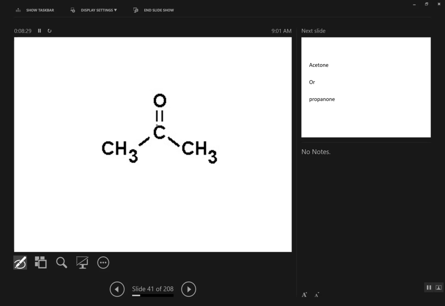It also has 2 names. No. Just name it as a 3-carbon aldehyde.